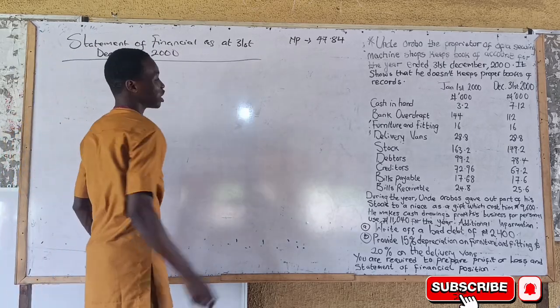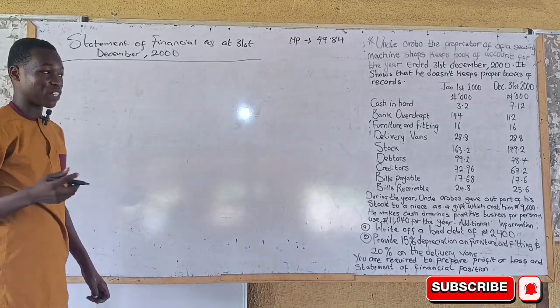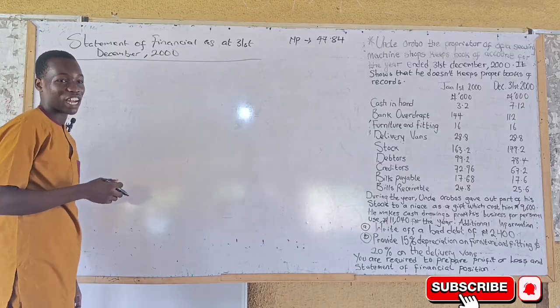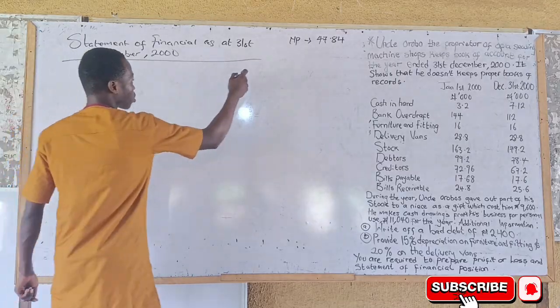So this statement of financial position is similar to the closing statement of affairs. The only difference is that we are going to write out our capital at the beginning and add the net profit. Now this is how it works.